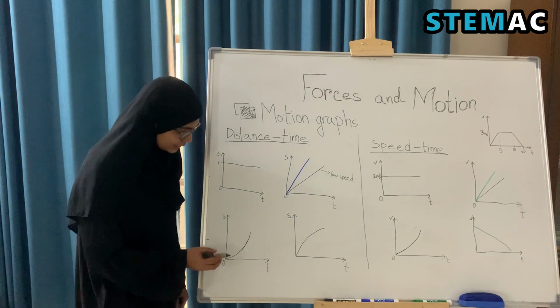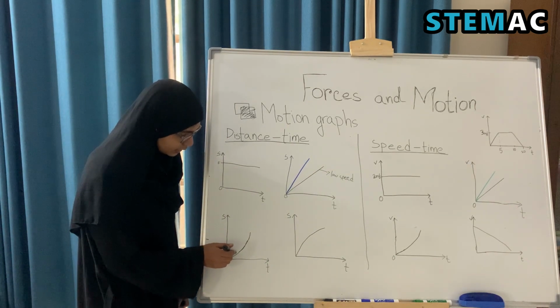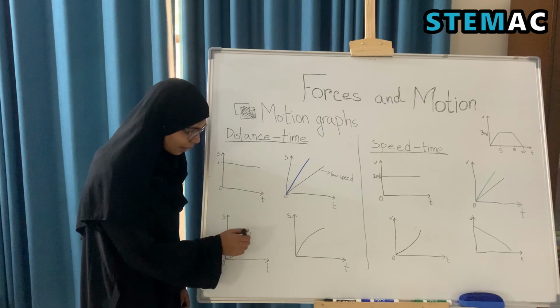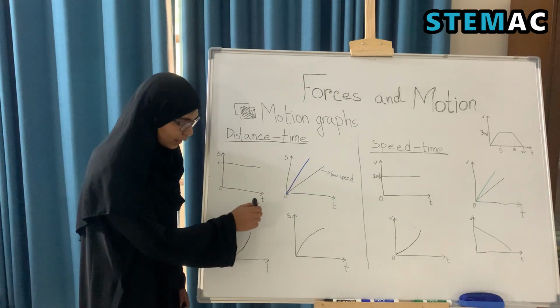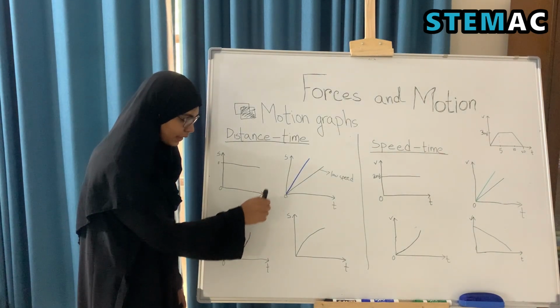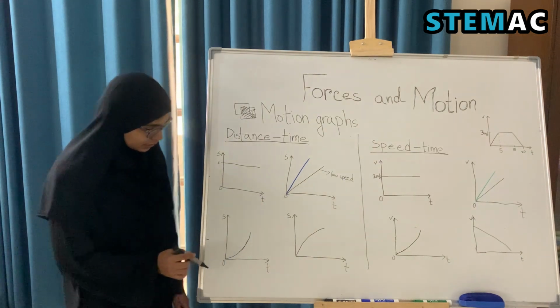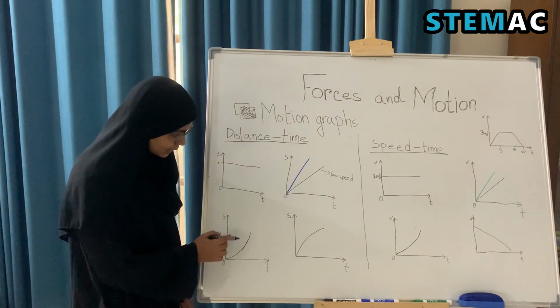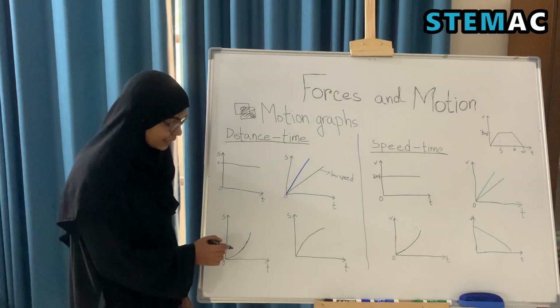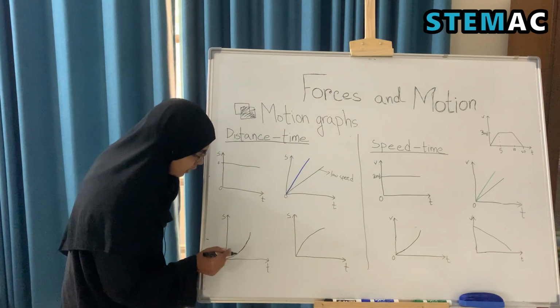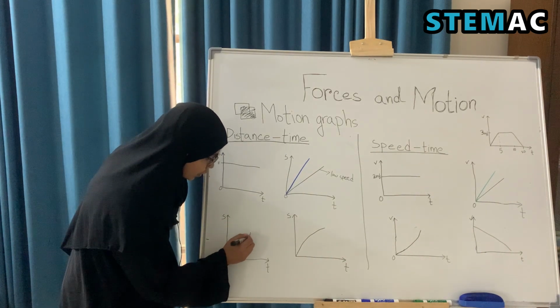And here we can see that it's moving upwards at some kind of rate. We can say that here the car is accelerating because the gradient is gradually increasing.